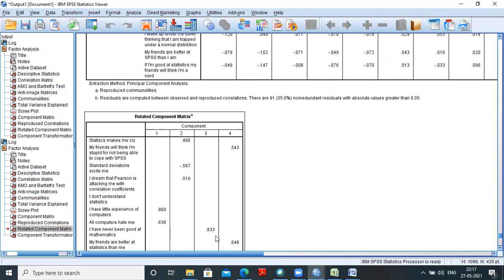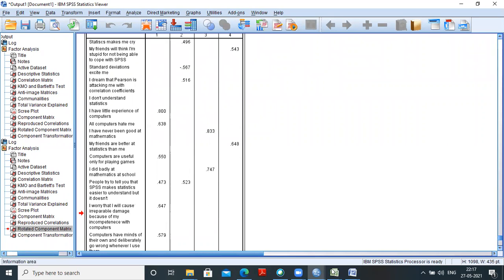Then second, these statements: I have little experience of computers, all computers hate me. These are the statements related to computers, right? Difficulty in understanding the computer subject. Computers are useful only for playing games. Then, I worry I will cause irreparable damage because of my incompetence with computers.